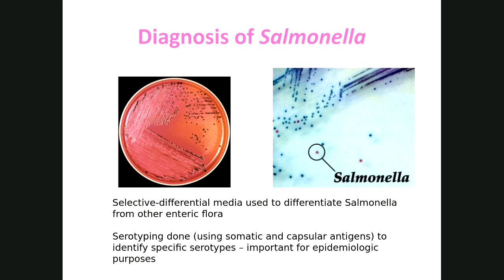Salmonella is motile and Shigella is non-motile. And secondly, in some of the media used, Salmonella will give black colonies due to the production of hydrogen sulfide, H2S. This is not a feature of Shigella.